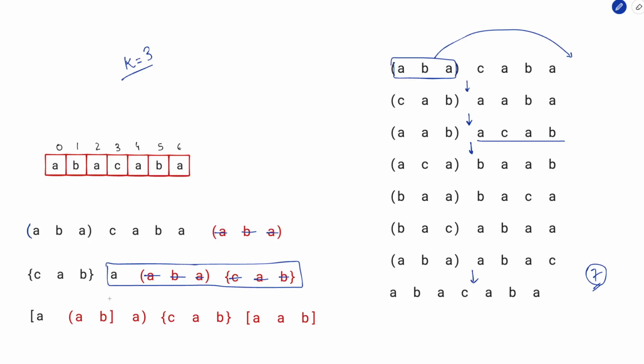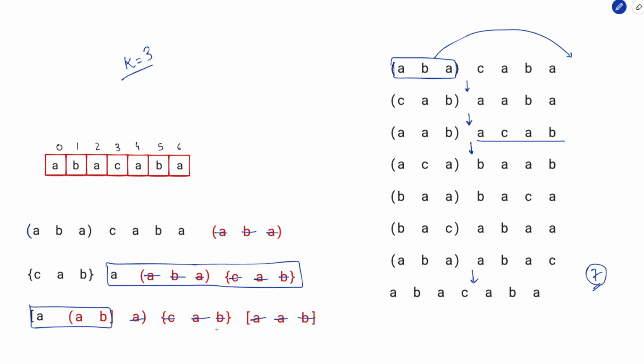Now you apply one more operation. You take these 3 and append 3 characters of your choice. So now you have a string where every character is of your choice.